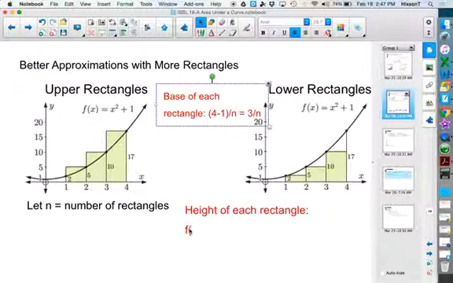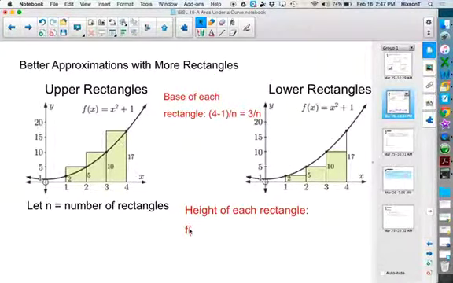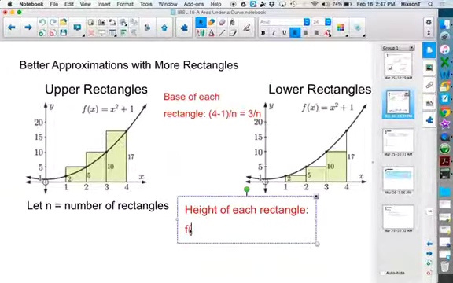So what would be the x-coordinate that I need to evaluate this for? How wide is each one? 3 over n. So I need to do 1 plus 3 over n, right?